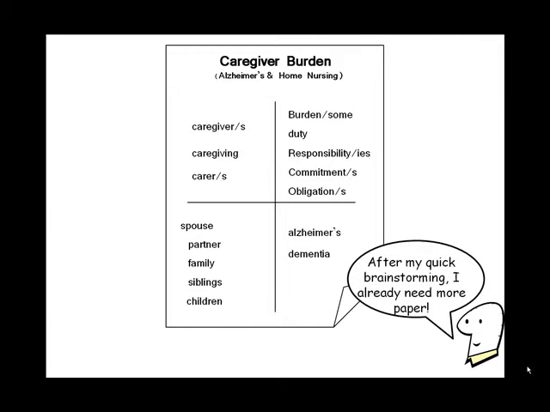Since our topic relates to the home situation, we can add terms including spouse, partner, family, or siblings in this box. In the fourth box, we can place terms describing the patient or the recipient of caregiving, in this case somebody with Alzheimer's disease. So let's add the term Alzheimer's along with the closely related term dementia.